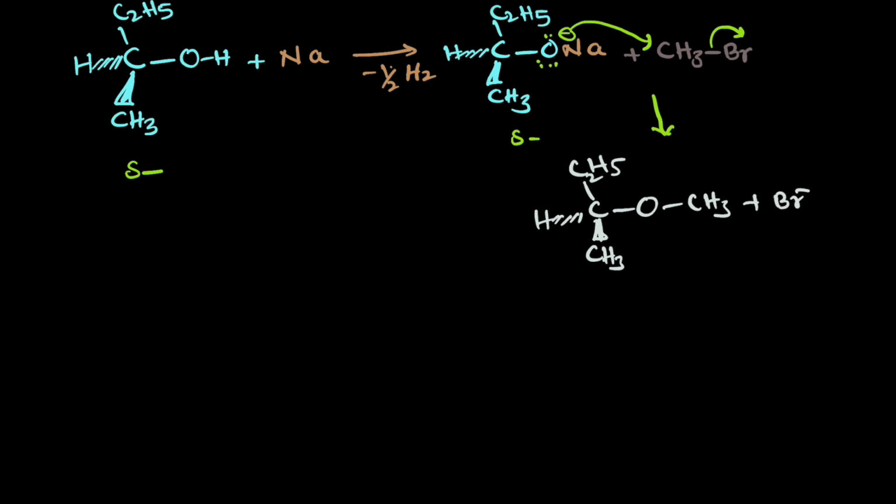The configuration of the chiral carbon is not changed, because the alkoxide ion is giving electrons to the methyl group. Therefore the initial configuration is the same as the final configuration. The configuration is retained as it is.